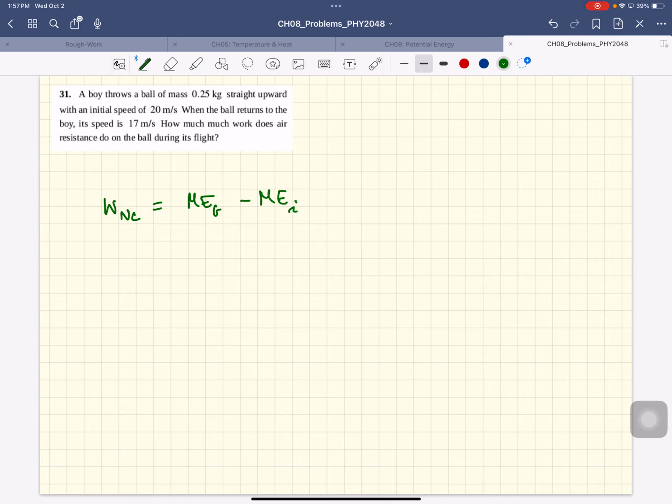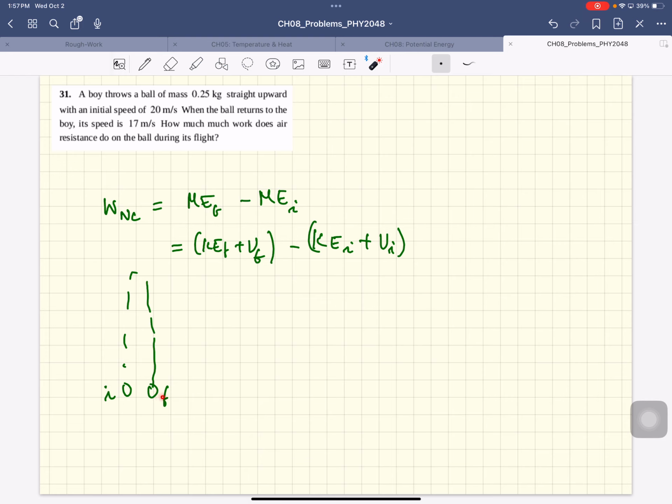Okay. So here's the initial point, goes up, and there's the final point. Kinetic energy final plus potential energy final minus kinetic energy initial plus potential energy initial. Now at the initial and final location, the potential energies are the same, so they cancel each other.